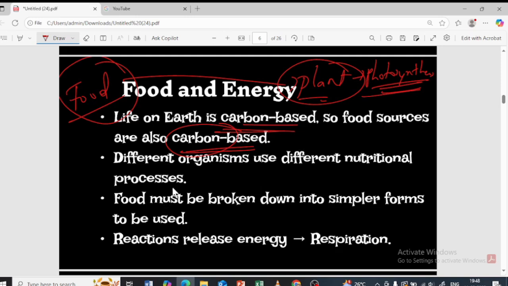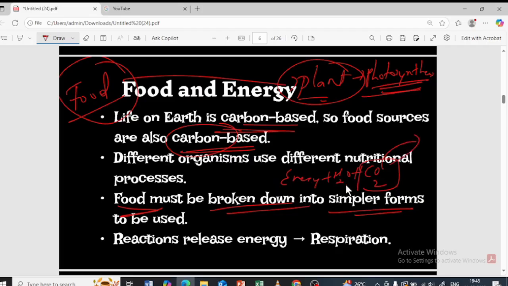The carbon based food that we take in has to be broken down from the complex form into the simpler form, from large particles into small particles. After it gets broken down, it releases energy, water, and carbon dioxide. This carbon dioxide we exhale because it is a waste product and not important for our body.